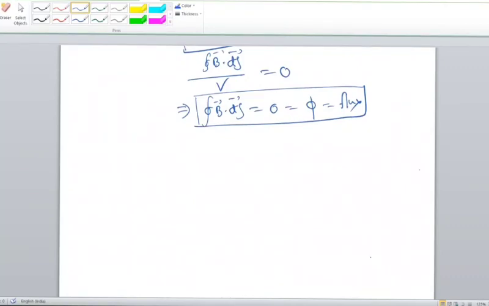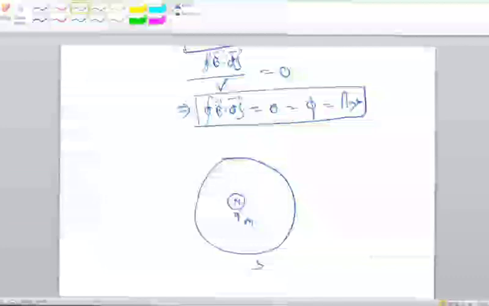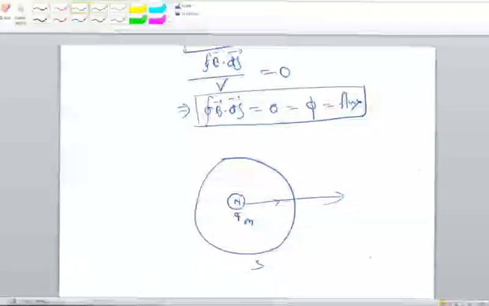Suppose we have a single pole, a north pole, with pole strength qm. We take a surface S. The north pole acts like a positive charge, and its magnetic lines of force are in the outward direction, diverging in nature, like this.